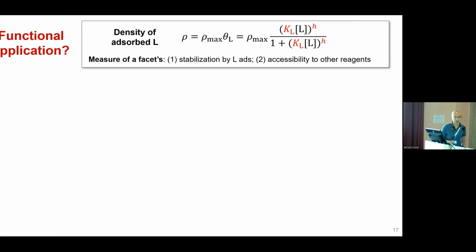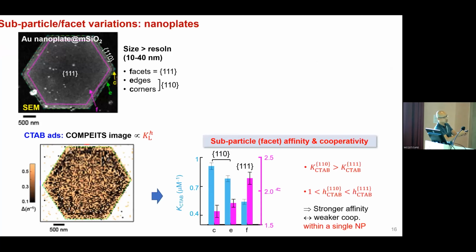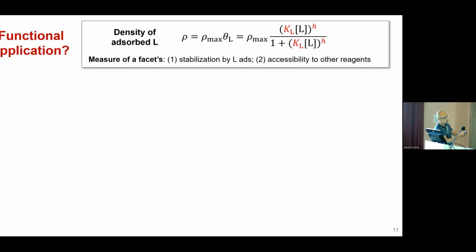Now, this density of adsorbed ligands is a quantitative metric of the surface stabilization by the ligand adsorption. It is also a quantitative metric of accessibility of the surface to other reagents.